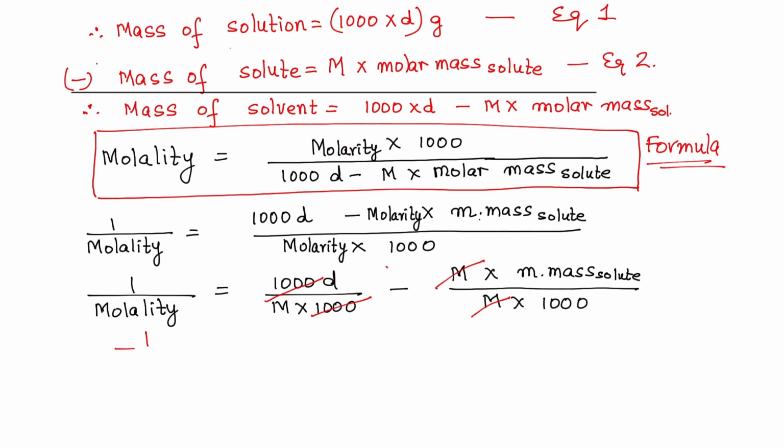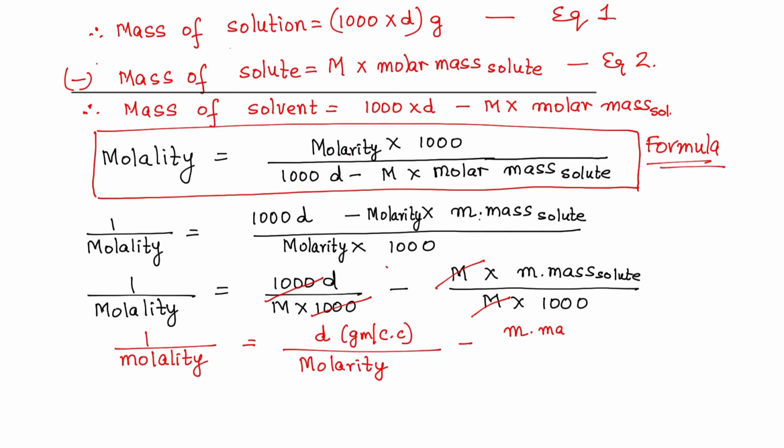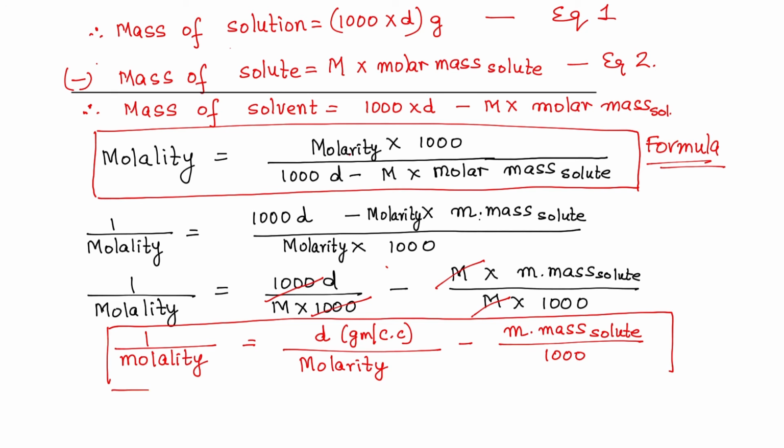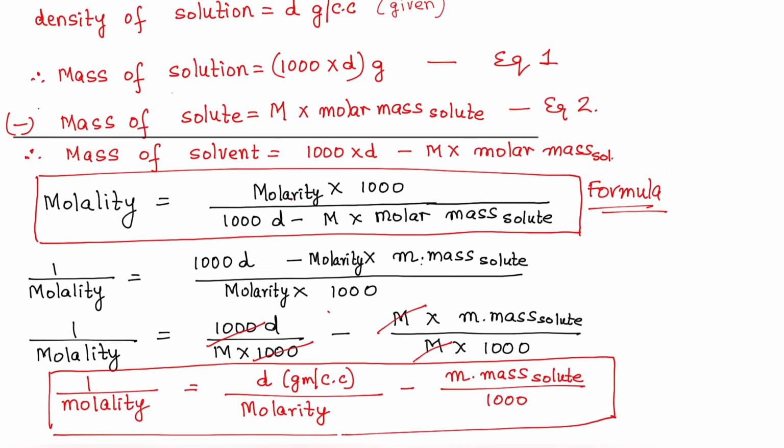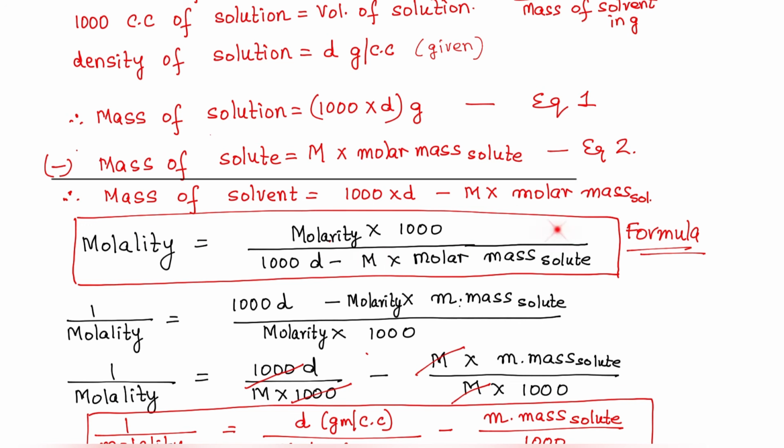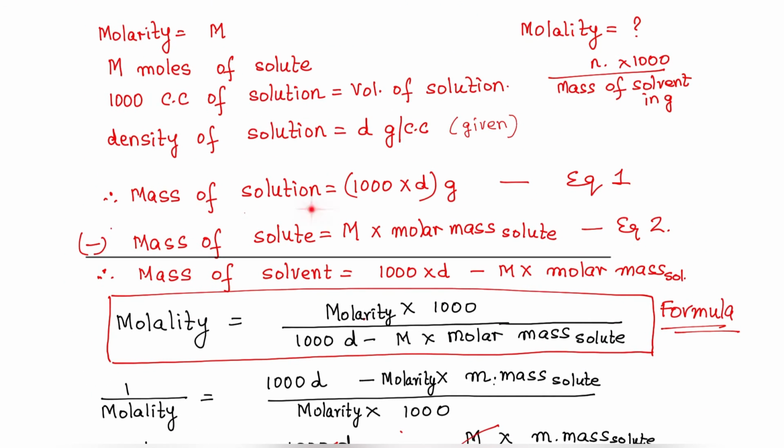I am left with a simple formula. 1 divided by molality is density in gram per cc divided by molarity minus molar mass of solute divided by 1000. This gives us formula number 2. You can either learn this or you can learn the formula number 1, or you can also move logically.